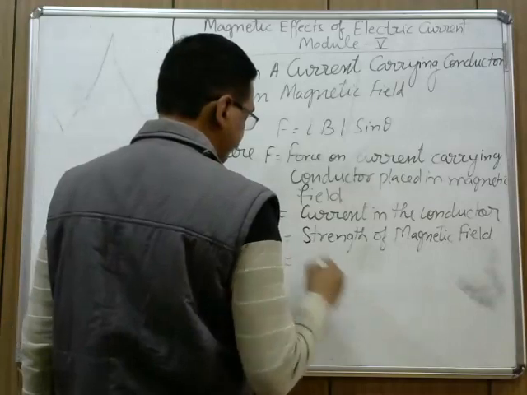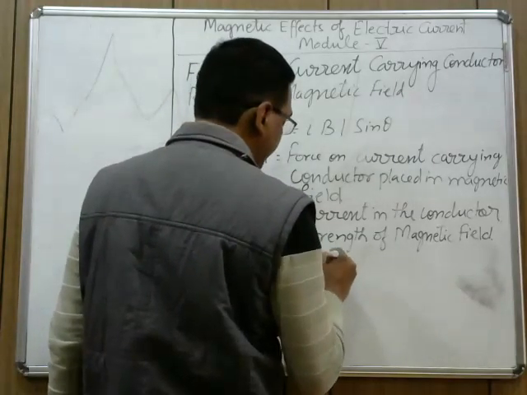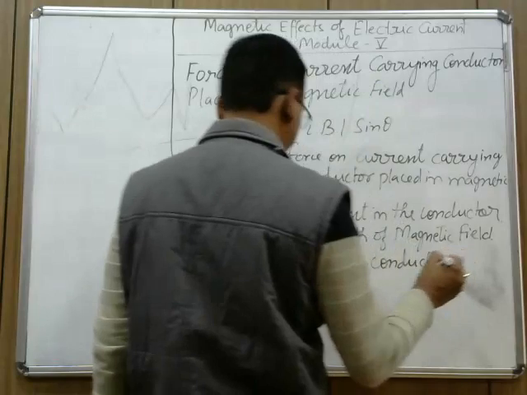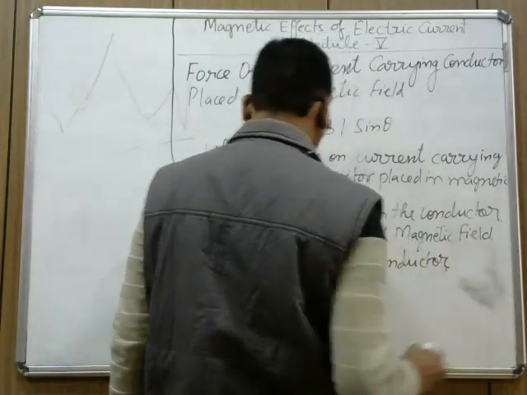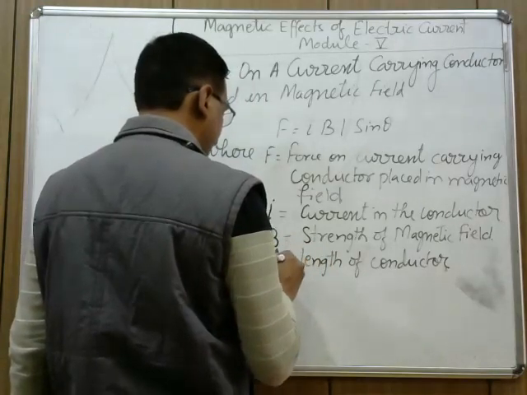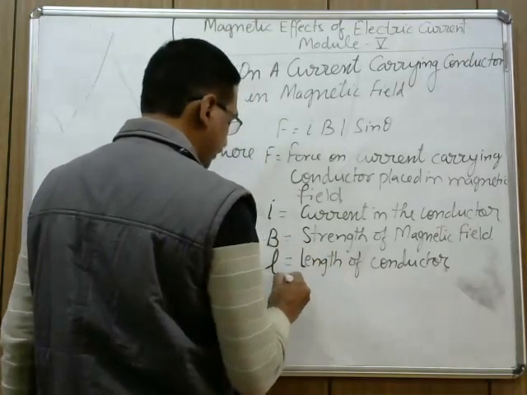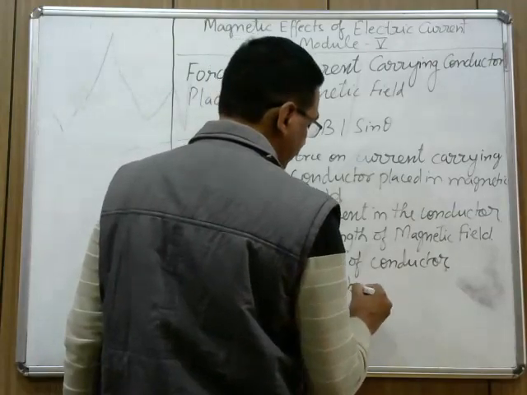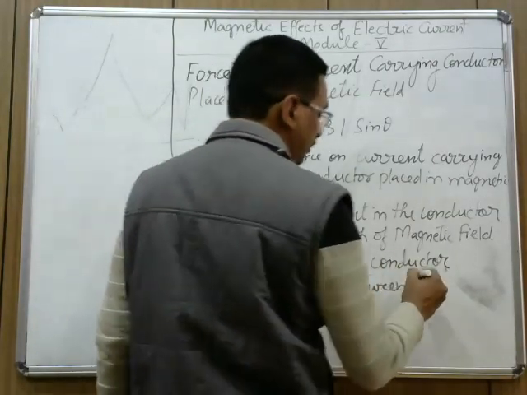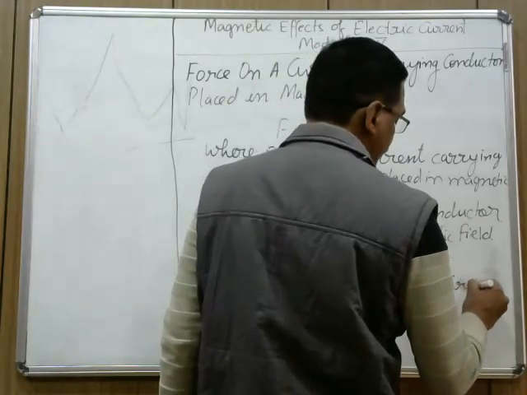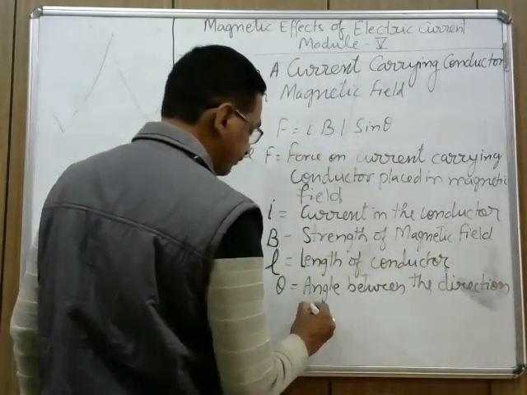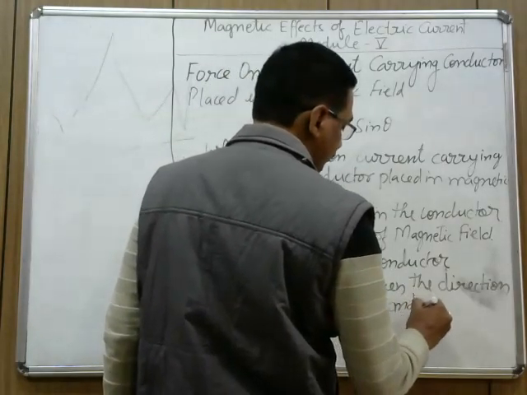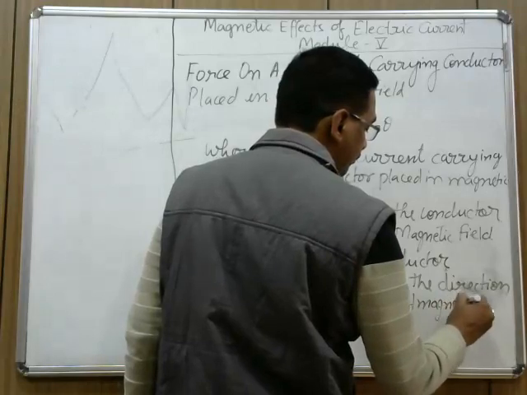L is length of conductor. And theta is the angle between the direction of current and magnetic field.